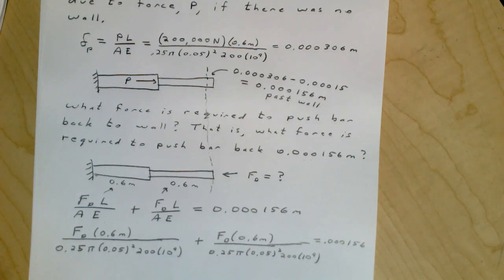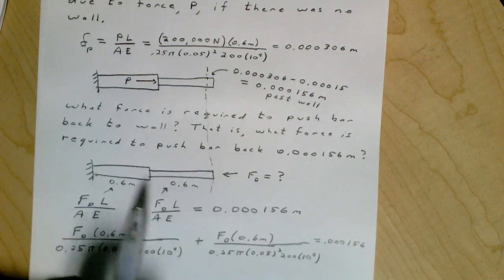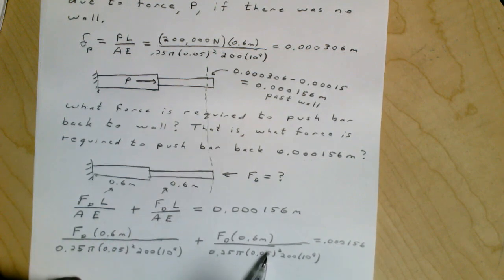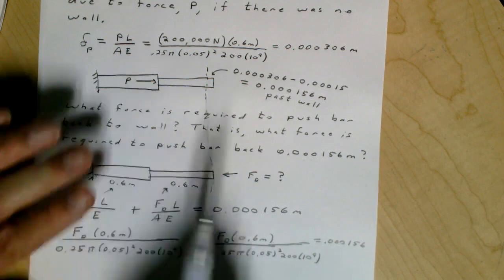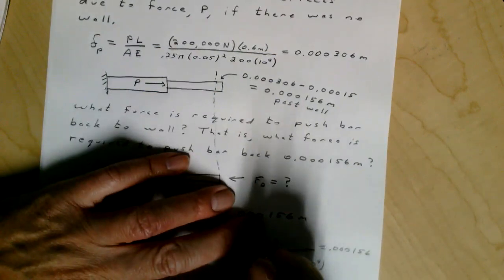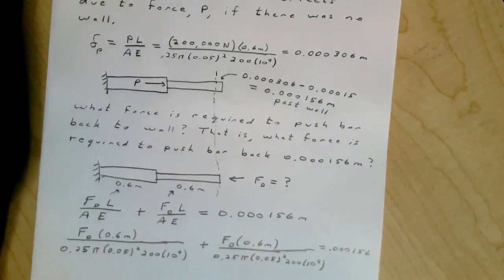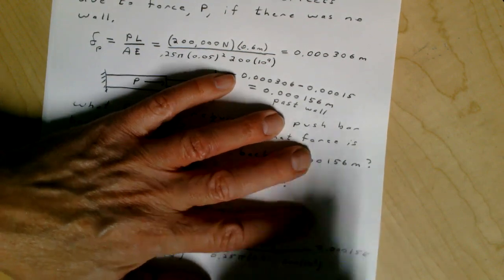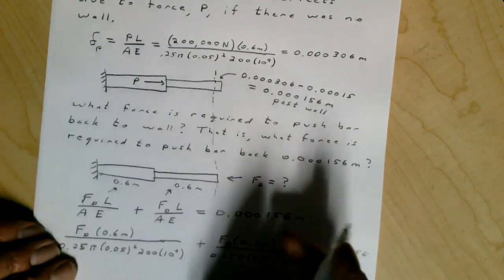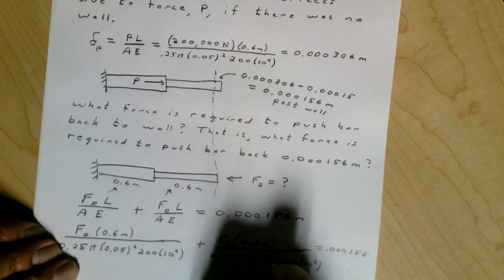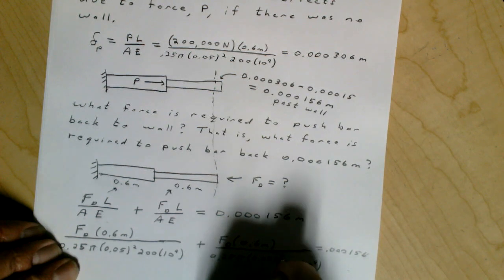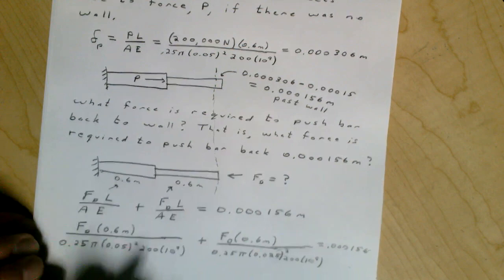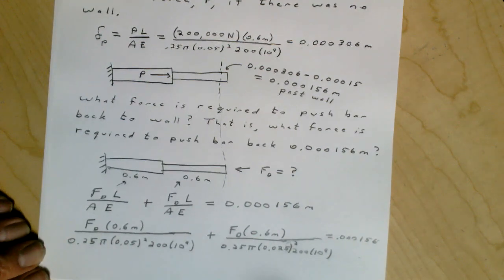Oh, excuse me, I made one mistake here. This second diameter here was not 0.05, but 0.025, because if you look up here, that was 25 millimeters. So this second diameter right here should be 0.025 squared.